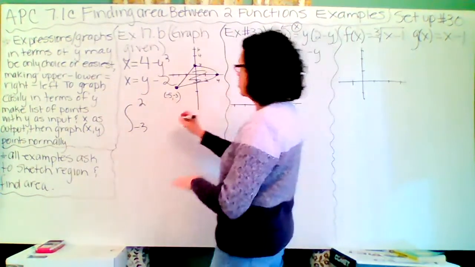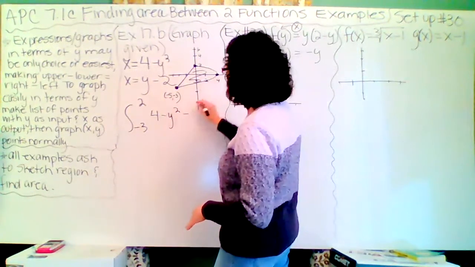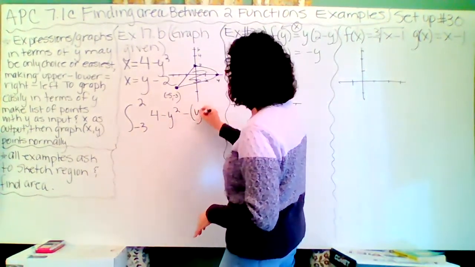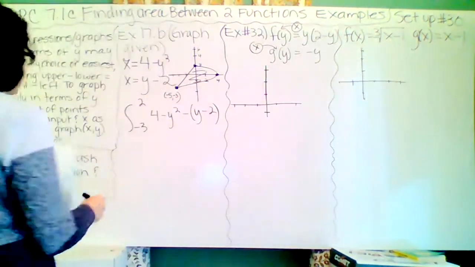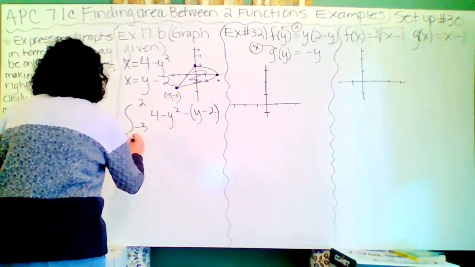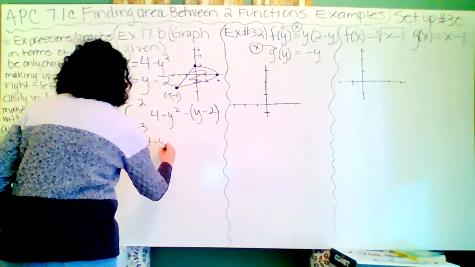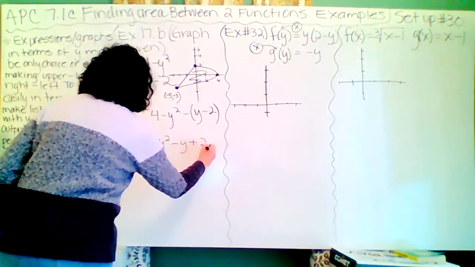My right-hand function is the parabola minus my left-hand function. I'm going to subtract that whole function. Let's go ahead and clear that up a little bit. -3 to 2, 4 minus y squared minus y plus 2.